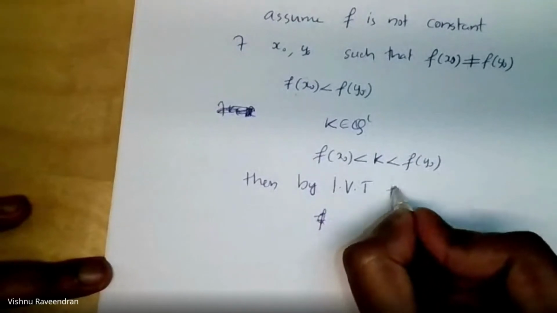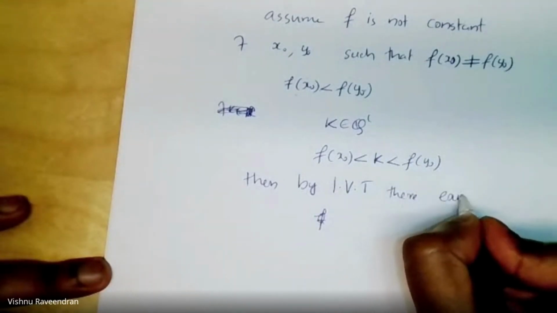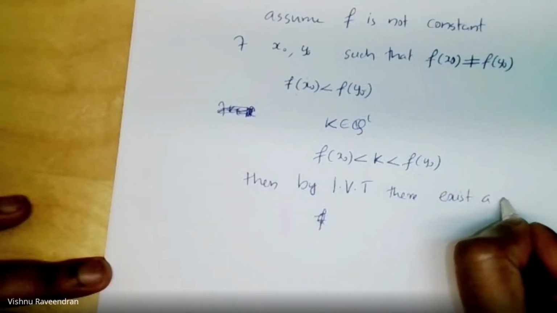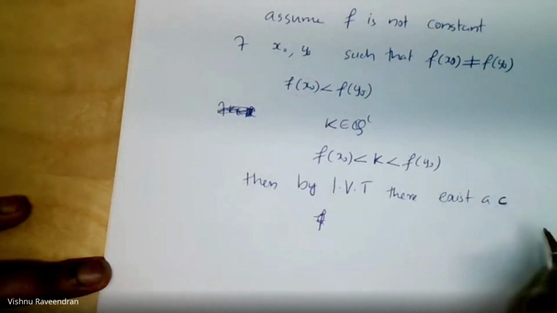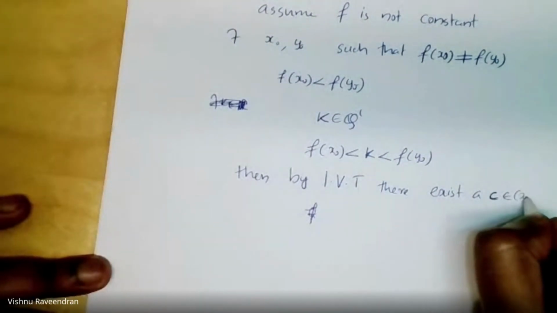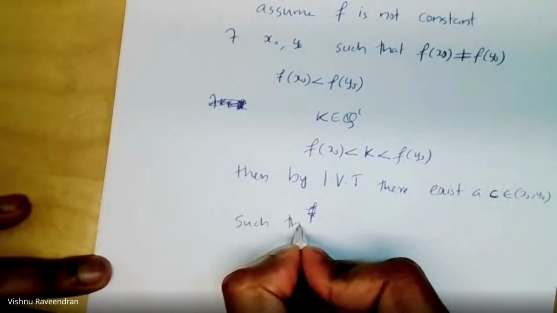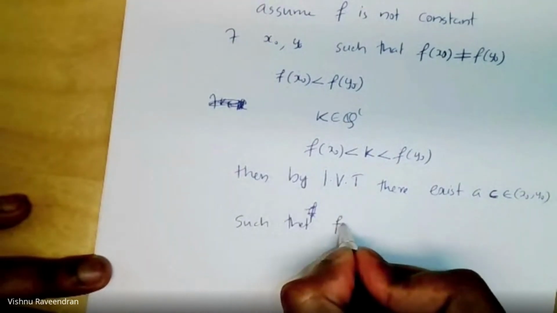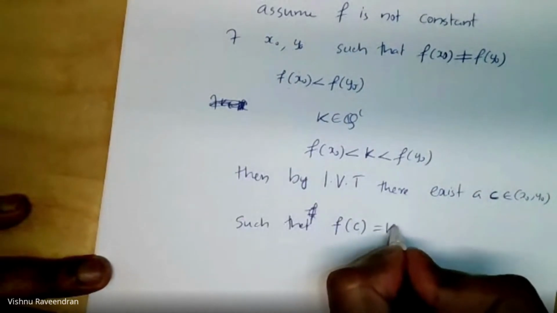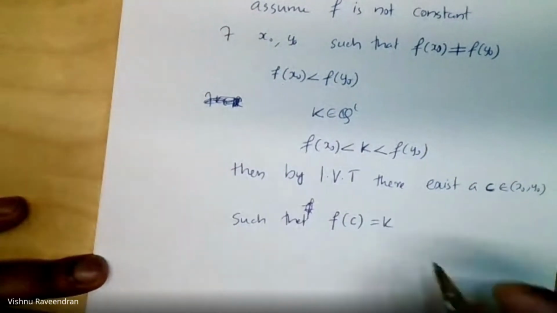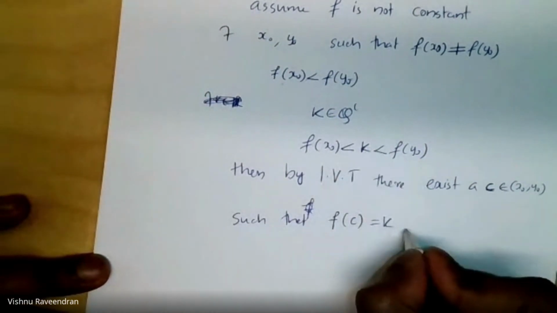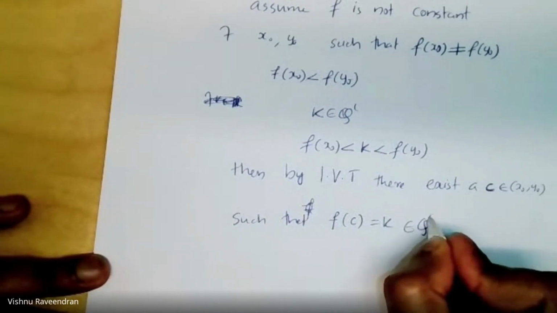there exists a number c between x0 and y0 such that f of c is equal to k. And we know that k is irrational.